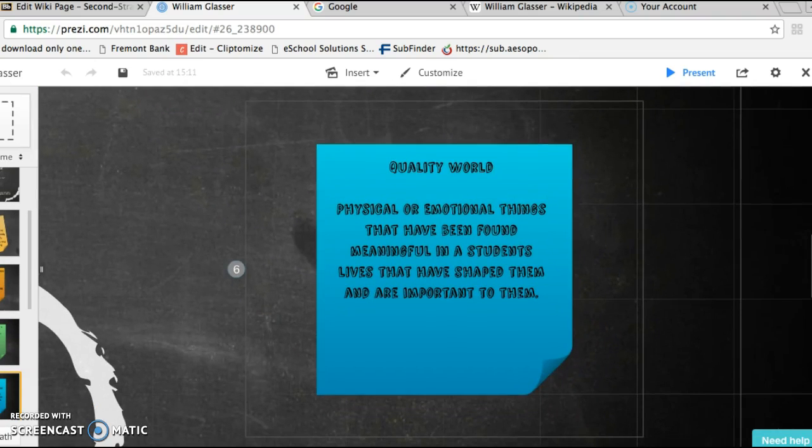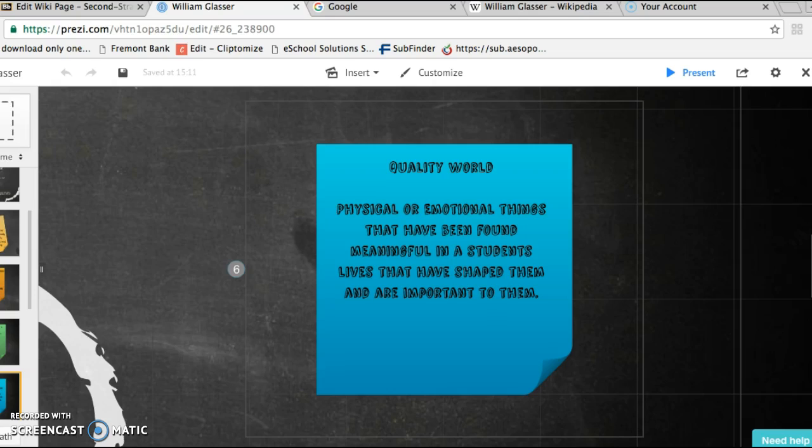Quality world is the emotional part of being a human being, especially with students, and how things are important to us is based on whether or not we're going to be successful. If something is meaningful, we're going to remember it and we put it into our minds as a quality world. So we break things down by importance, which is the highest and which is the lowest, of how we remember things and if they're meaningful.